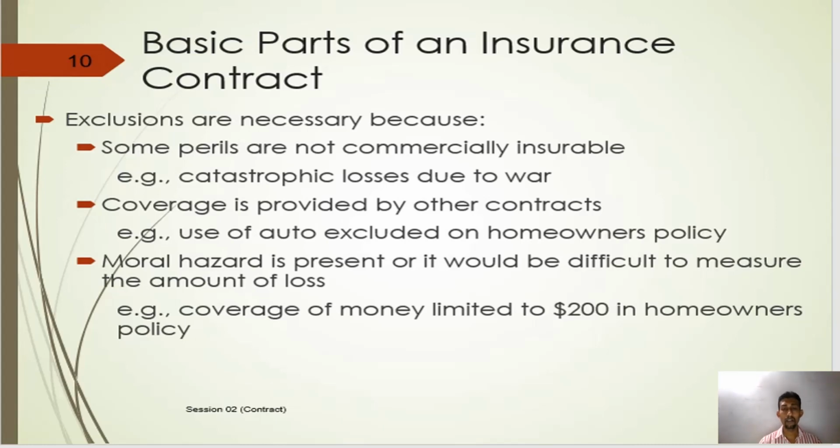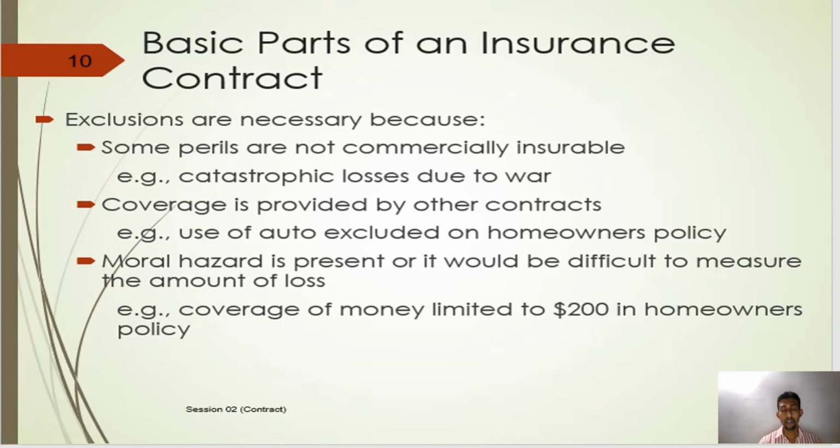Some are beyond the scope, such as catastrophe due to a war or some incident, it cannot be insured. Sometimes if that particular subject matter is covered from another contract, it will not be covered in this particular contract. So it has to be clearly mentioned, such things.